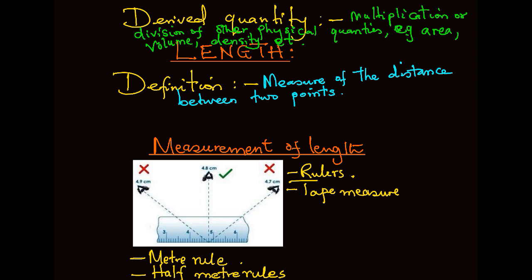It can be given in terms of various dimensions such as breadth, width, height, radius, depth, diameter, etc. The SI unit of length, as mentioned earlier, is meters.